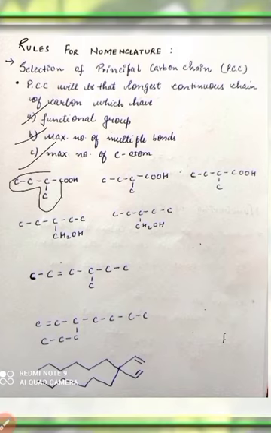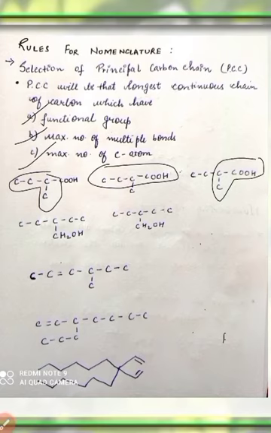there are three possibilities. I can choose this one, I can choose this, or I can choose this. First of all, we will look at the chains which have the functional group, as it is higher in priority order.